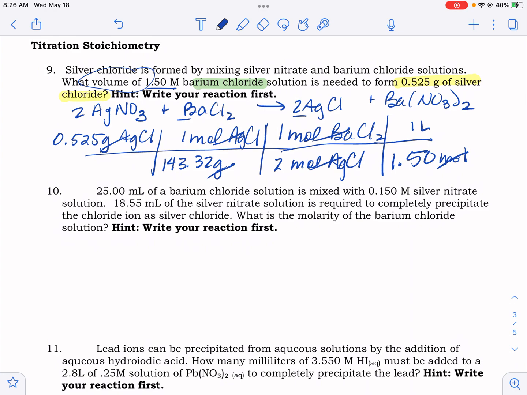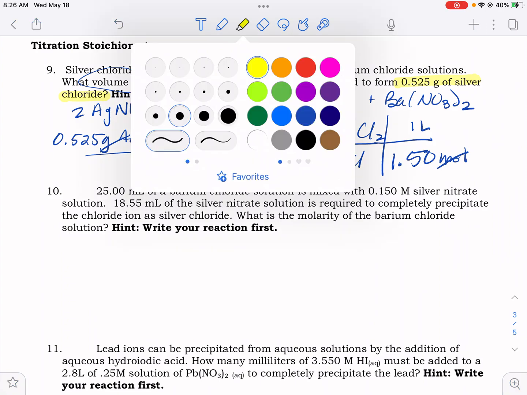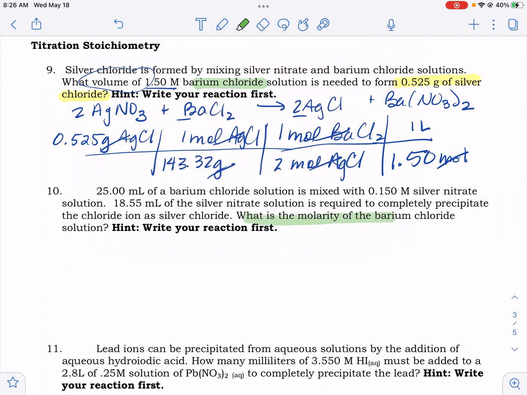Number 10. It's asking for, I'm going to do green first, what is the molarity of barium chloride? So this is our unknown, and it gives us a volume.